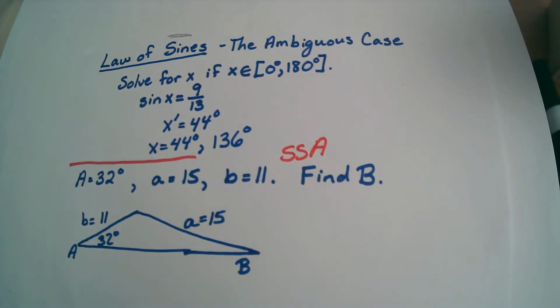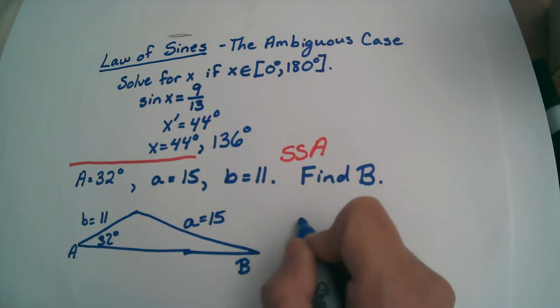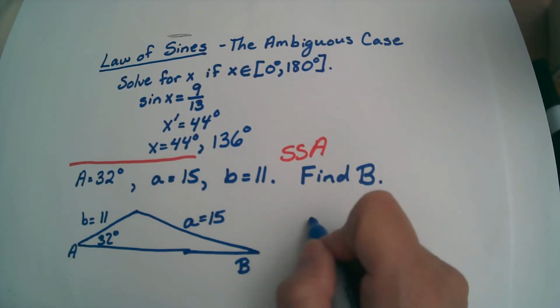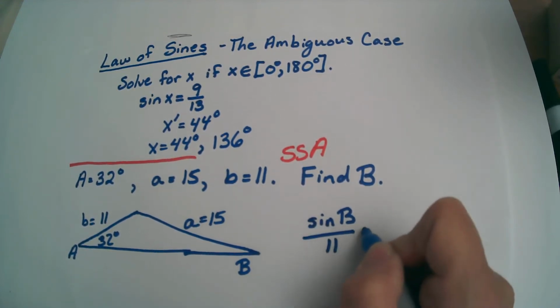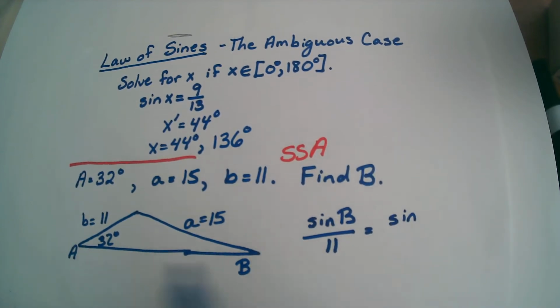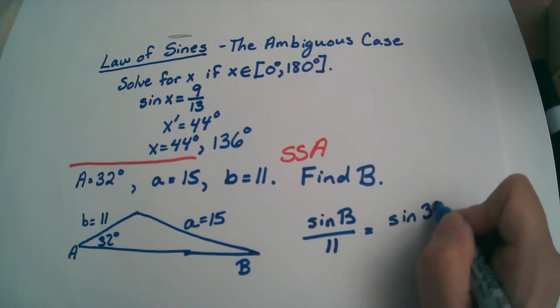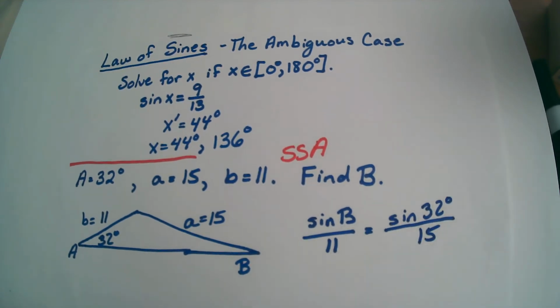I know I haven't told you what the ambiguous case is yet, but let's continue and it will be revealed as we move forward. So let's solve using the law of sines. We have the sine of B over 11 equals the sine of A over 15, but A is 32 degrees, so let's put that in. Sine of 32 degrees over 15.